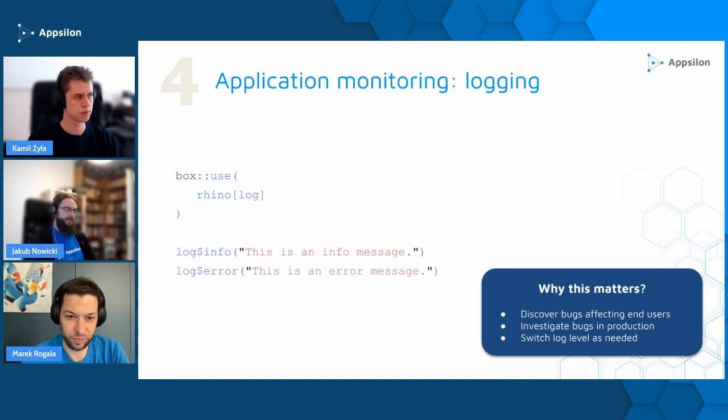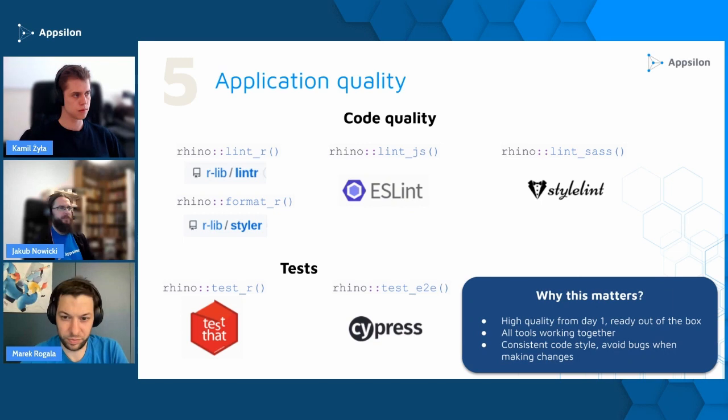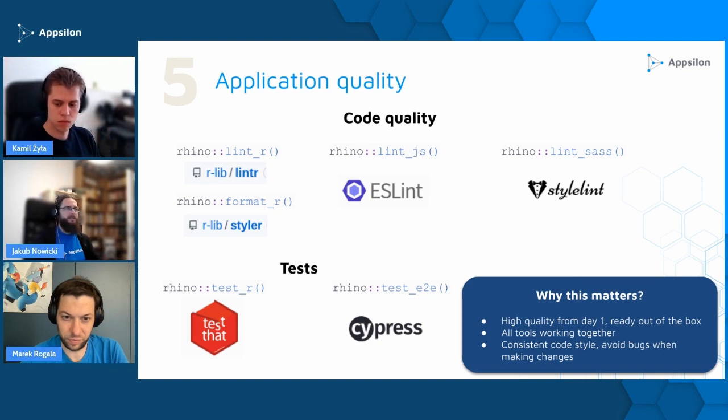Rhino is not only a tool for enhancing your application, but it also gives you a set of tools that help you keep the quality of your code the best you can. So it has a set of code style checks, for R, for JavaScript, and for Sass, together with some tools that provide you automated formatting for those things.